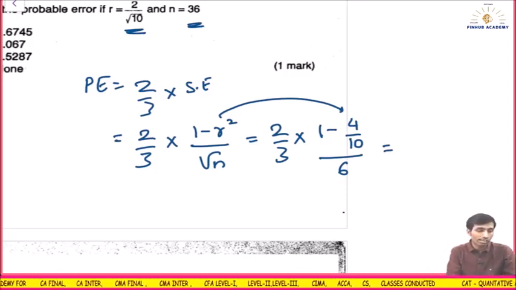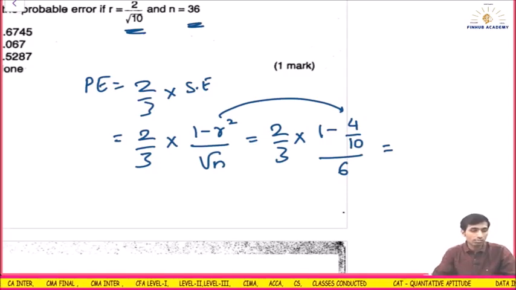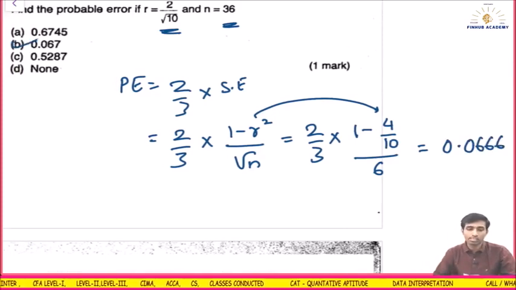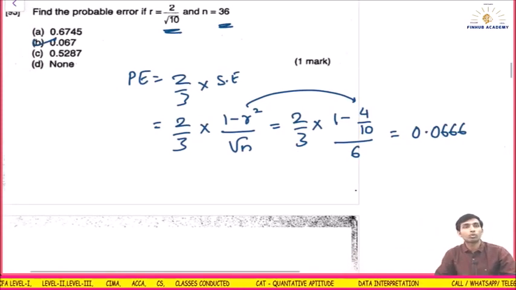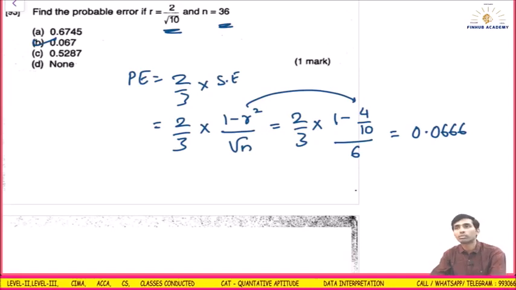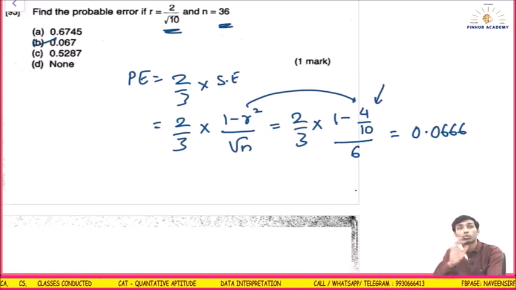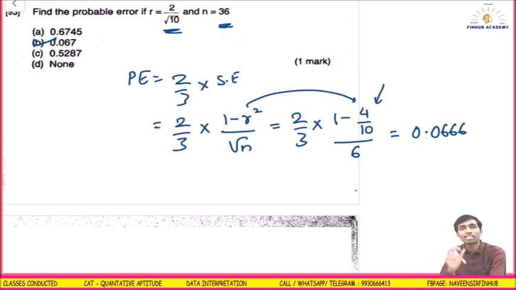So 2 divided by 3 into 0.6 divided by 6. So answer comes to 0.06. 0.06666 means the answer is 0.067. Slow down and check whether you can calculate. Okay, this is 0.4. 1 minus 0.4 is 0.6. 2 into 0.6 divided by 3. Whatever answer you get, divide by 6.